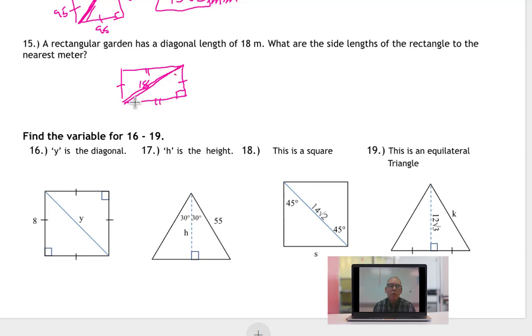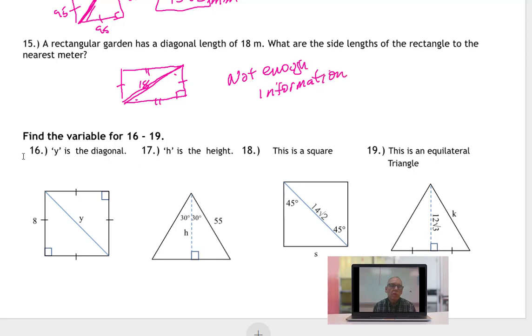Without knowing the angles, and that this is a 30, 60, 90 or 45, 45, 90, there's not enough information to find the sides.